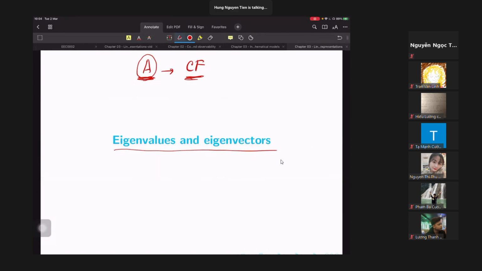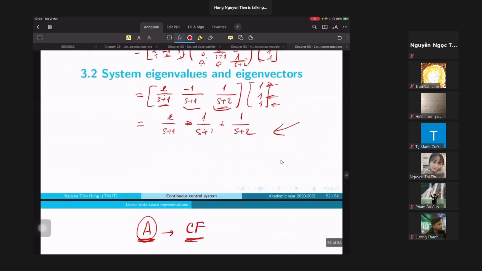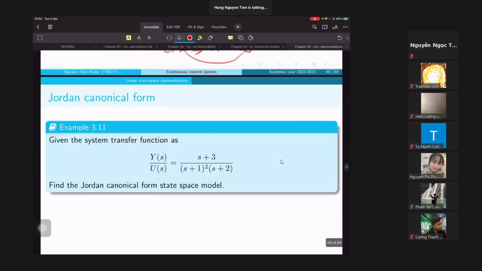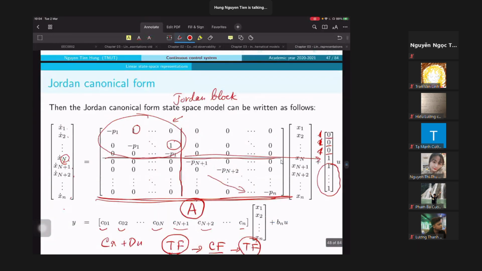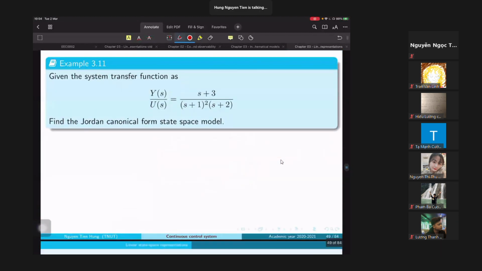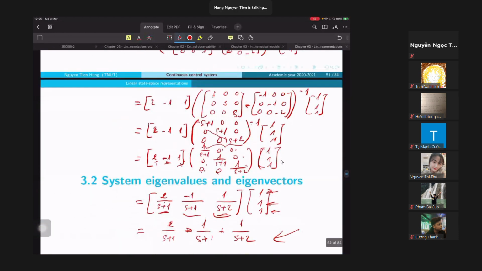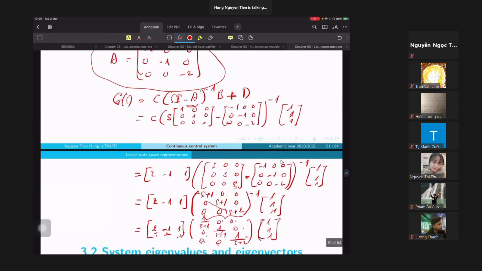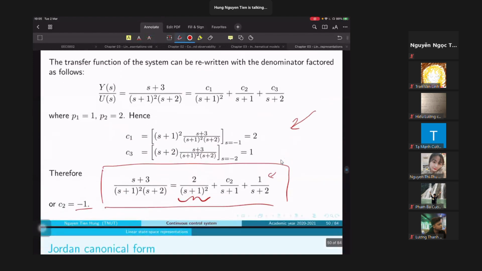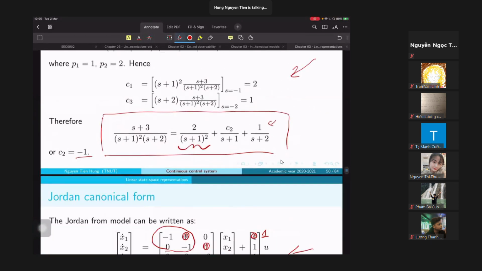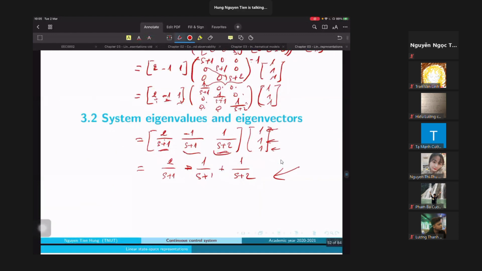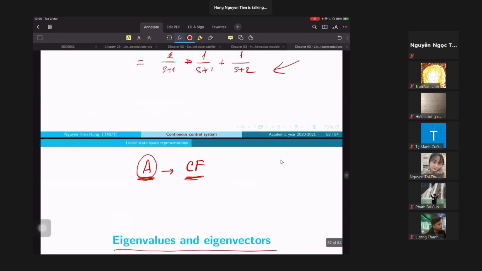That is the reason why I show you how to calculate this form by hand. We will not do this in practical issues, so I do not have more examples for you to practice on. Just be familiar with the way we can find the canonical form, but in a better way, we do not use this.